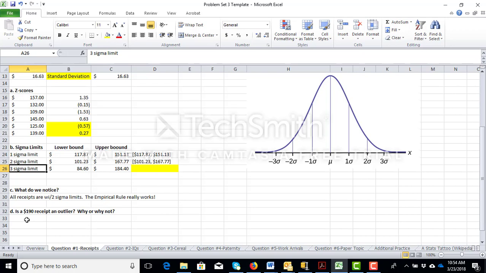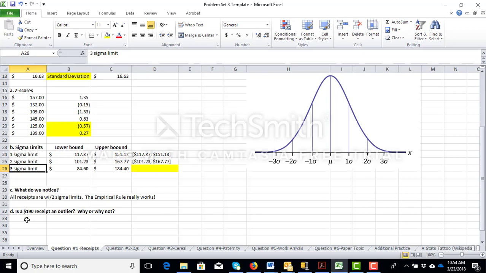Some statisticians say if it's more than 3 standard deviations above or below the mean, then that's definitely an outlier. Like Bill Gates' salary. If we put his salary in a data set, he would be so far above the average that it would screw up our calculations about averages. It's important to note when we have outliers because we might have to treat that data differently. In any case, how about a $190 receipt?